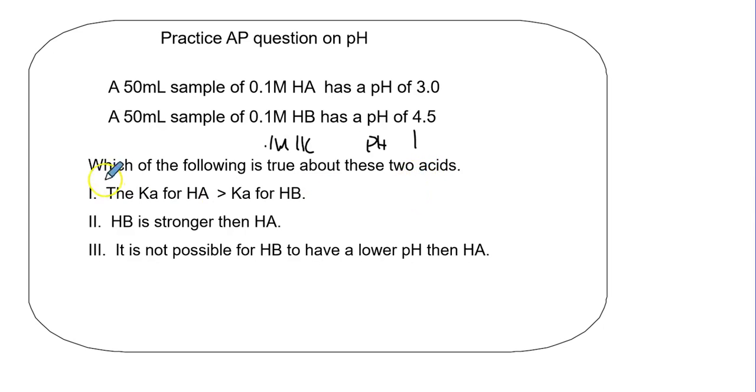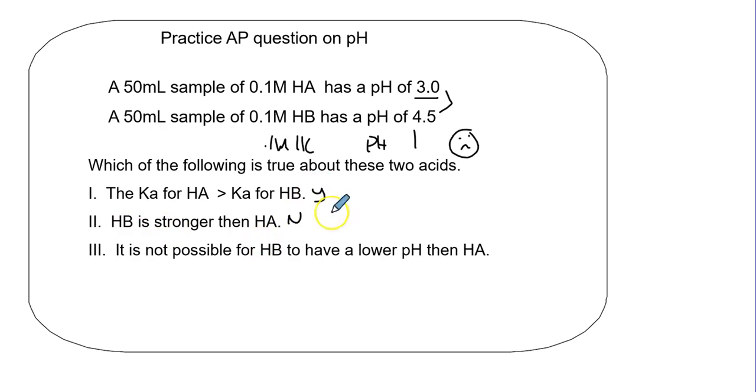Okay. Which of the following is true about these two acids? This guy's being left out. The Ka of HA is bigger than the Ka of HB. Well, they're the same concentration, so more acidic. Yes. HB is stronger than HA?